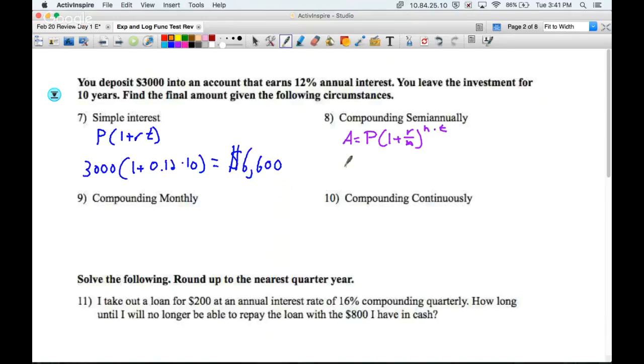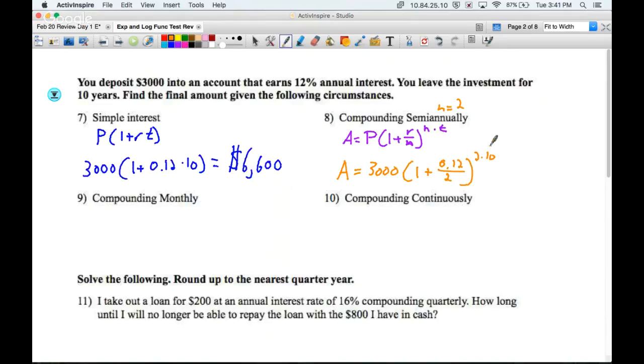Let's plug in the values we have. A equals 3,000 times 1 plus that 12% as a decimal, 0.12. Semi-annually means that n equals 2. We're compounding twice a year for 10 years, so 2 times 10.